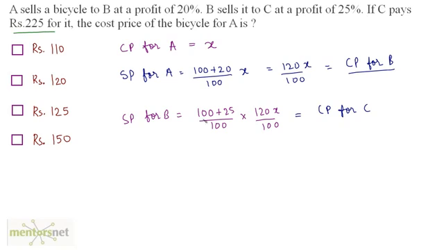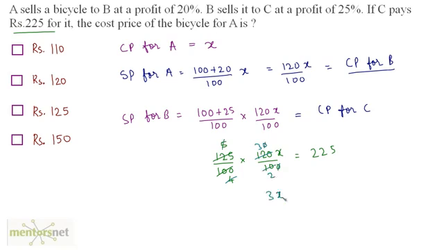So I can write this as 125 upon 100 times 120 X upon 100 is equal to 225. Now 25 times 4 is 100, 25 times 5 is 125. Now 4 times 30 is 120. This 0 gets cancelled out. 5 times 2 is 10.